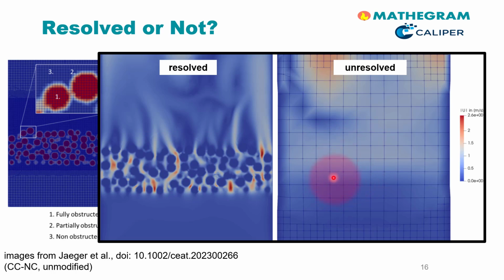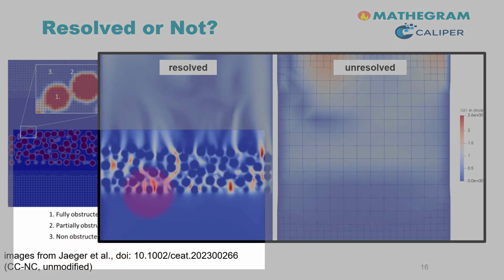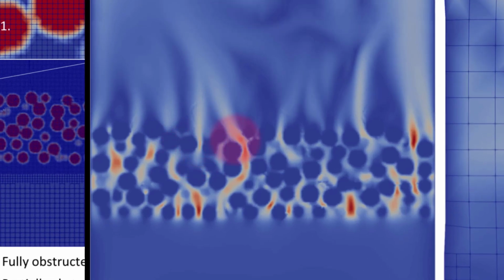You see, we have here a fluid velocity which is a result of this averaged approach. Clearly, local velocities are very different, as well as we see the formation of streaks behind individual voids in the particle bed in case we use the resolved approach.